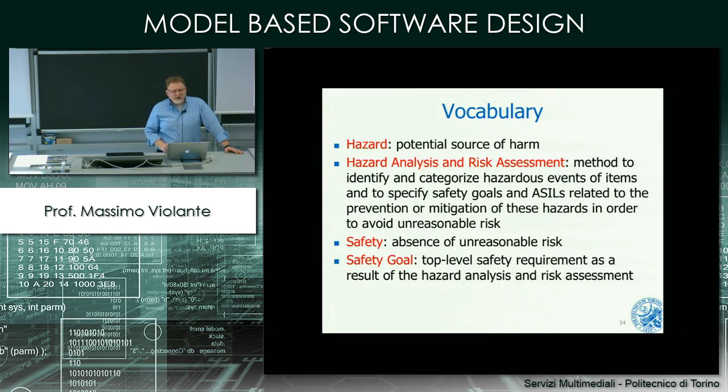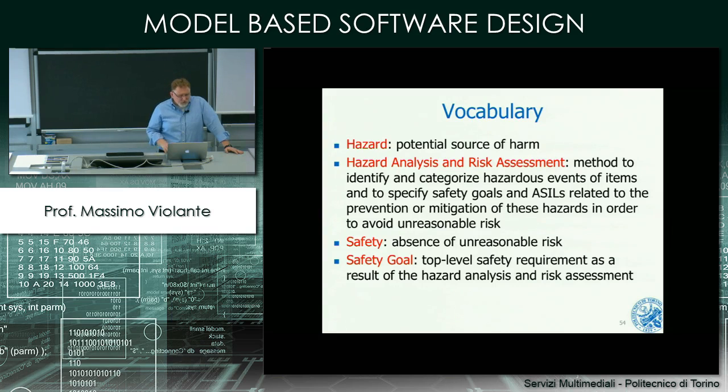So you will be given an item, you will be given a specification of the functionality of the item, and then you will have to perform on your own the hazard analysis and risk assessment. So you have to put to work the techniques that are prescribed by the standard to understand how critical an item is and to propose countermeasures. Obviously, we will need time to learn this. We will start by looking at some examples together. We will do exercises together.